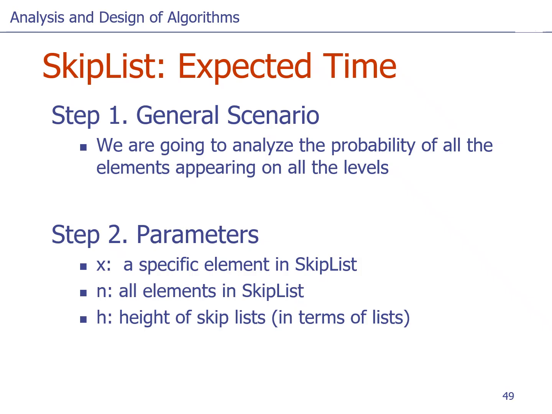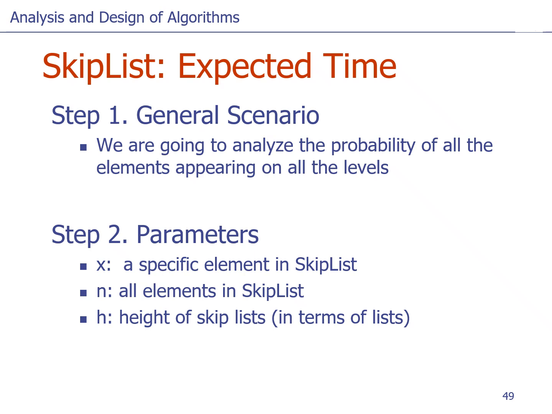This is even worse, by the way, than a linked list. If you just keep it as a doubly linked list, it's going to be O of n. Now with this data structure, if you're so unlucky, it's actually going to be n squared. But the question is, is that true? And the answer is obviously no, it's not true. So let's see why it's not true. These are the parameters I'm going to work with. X is a specific element in the skip list, some value I have inserted. N are all the elements in the skip list.